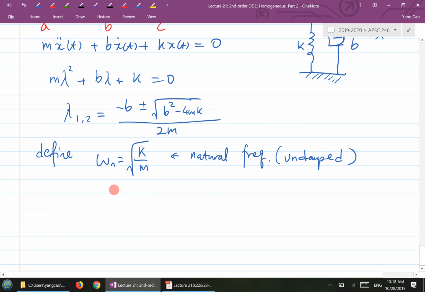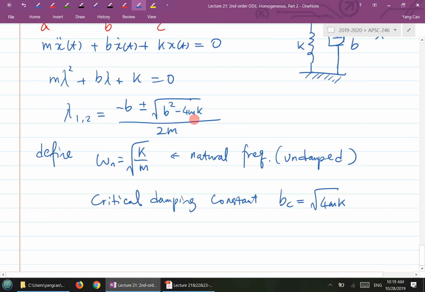Then we're going to define another one called the critical damping constant. Let's call this b_c, and that's square root of 4mk.